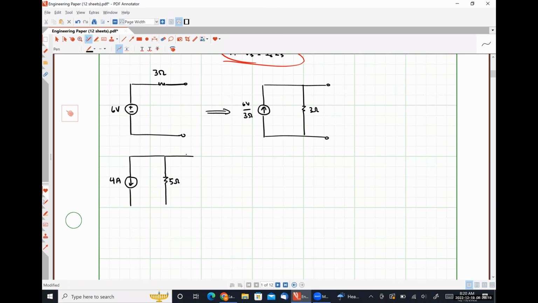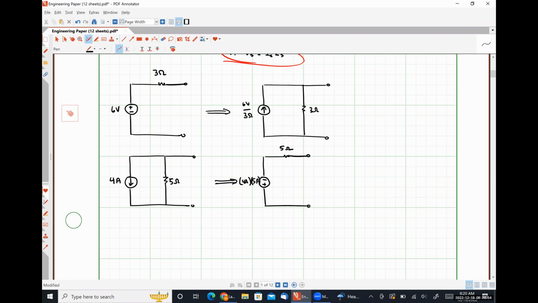if we had a 4 amp current source, direction down, connected in parallel to a 5 ohm resistor like so, we could, if we wanted to, for whatever reason, and we'll talk about that in a moment, replace this network with a voltage source that would be 4 amps times 5 ohms, or 20 volts, in series with a 5 ohm resistor.